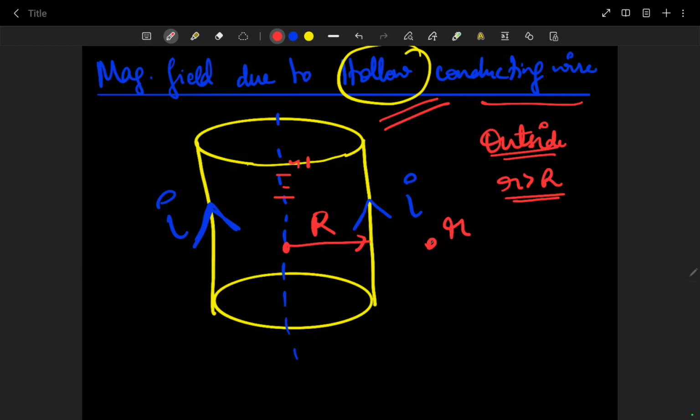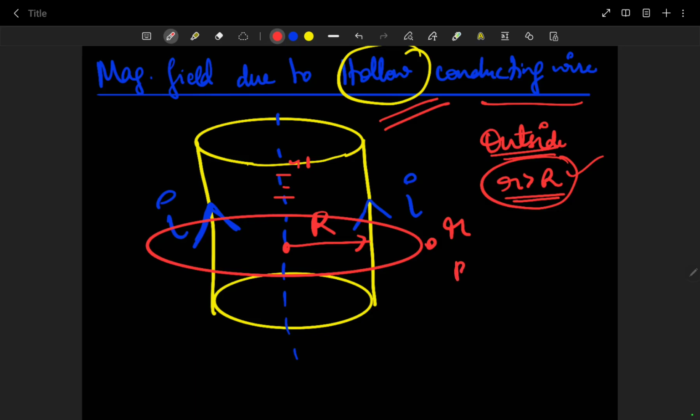And when I do that, my Ampere loop will look like this, right? This is why r will be greater than capital R basically. Note this down clearly in your notes, otherwise you will be confused. And over here, the expression will turn out to be what you have just written with me so far, that is μ0 I by 2π r.